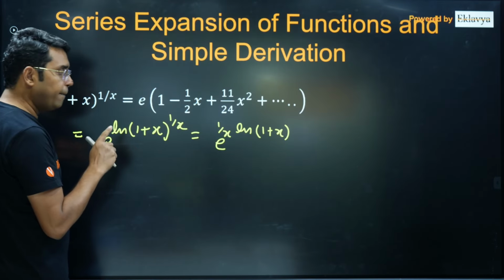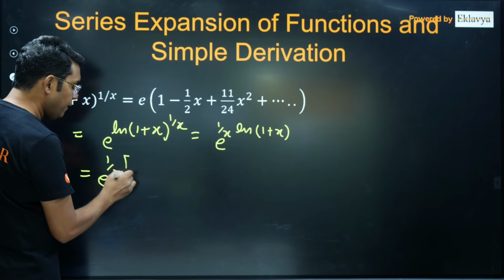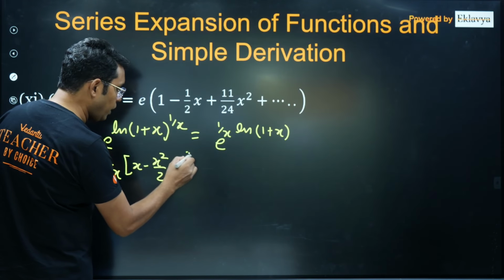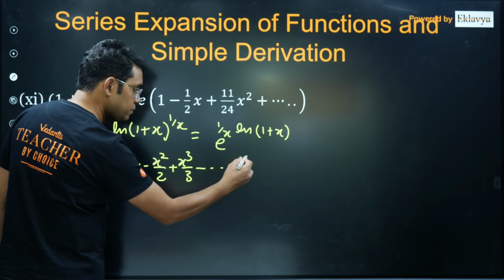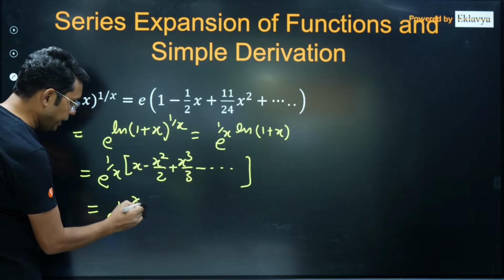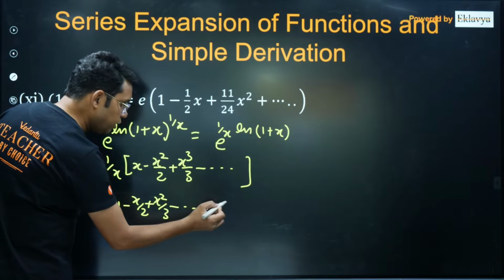So that's the idea. Then you will be using the expansion of ln, which is x minus x square upon 2 plus x cube upon 3 and so on. Now it becomes e power 1 minus x upon 2 plus x square upon 3 and so on.